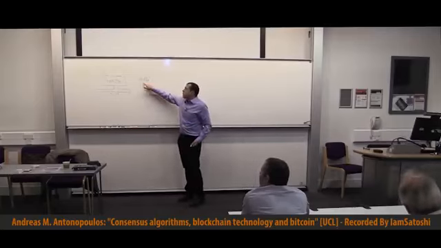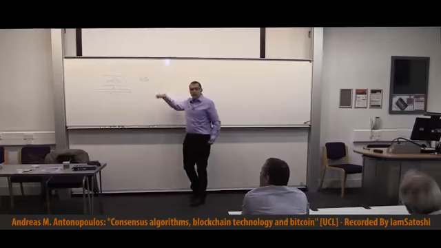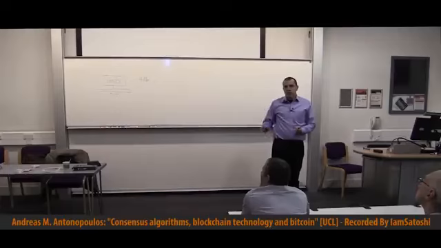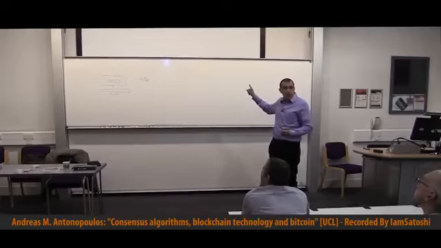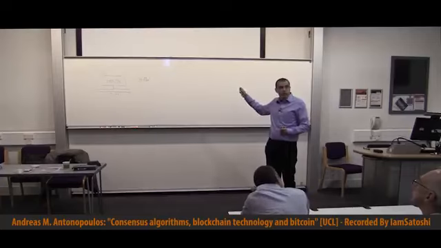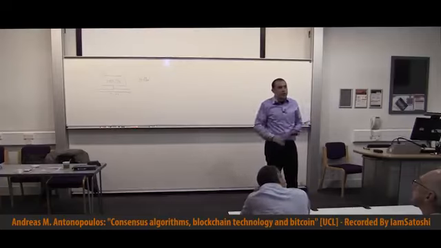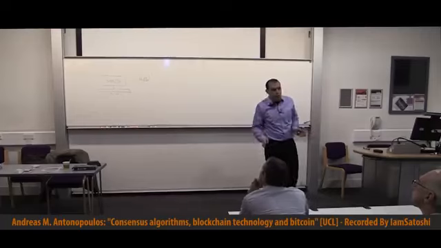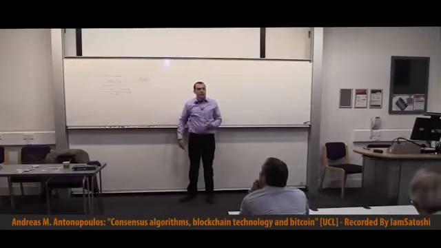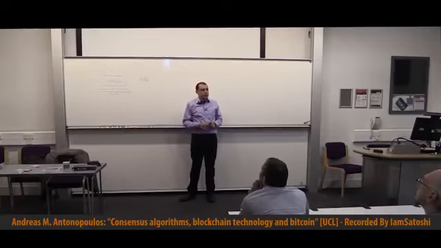You type in capital H, E, L, L, O, exclamation mark. It's going to give you a specific fingerprint. That fingerprint is specific to this phrase. You change the exclamation mark, you add a space, you change the first letter to a lowercase h, completely different fingerprint, right? But as long as you enter the exact same phrase, the result will be a specific fingerprint.